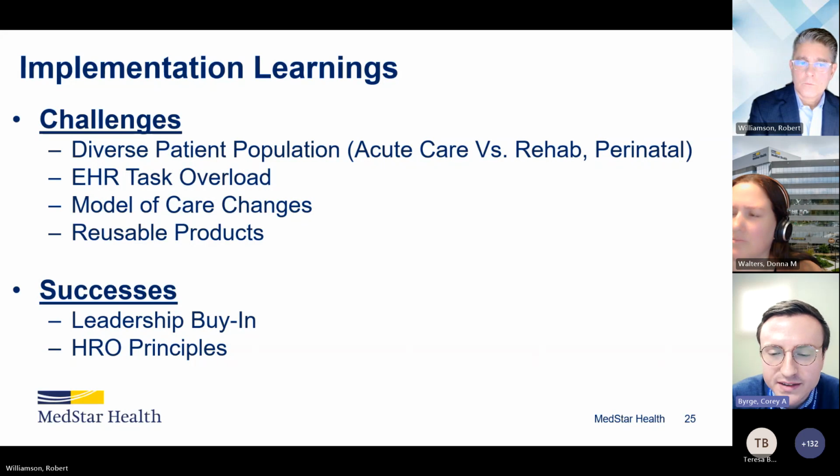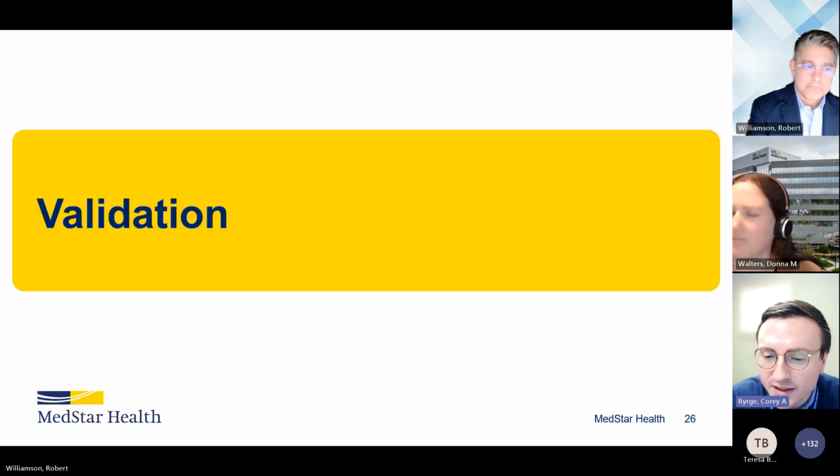Really supporting the system-wide rollout was leadership buy-in and alignment with our HRO principles, including resilience, deference to expertise, and sensitivity to operations, which have been critical in navigating each one of these challenges and sustaining success.